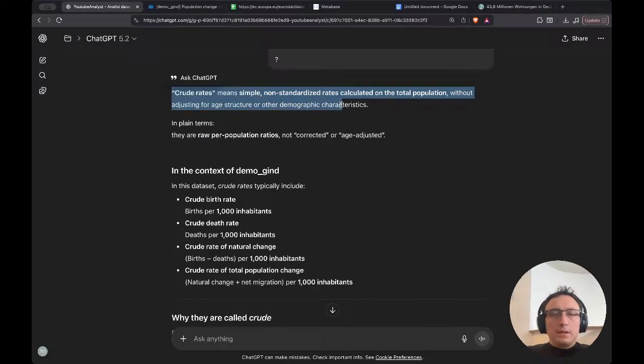Crude rates means simple non-standardized rates calculated on total population.